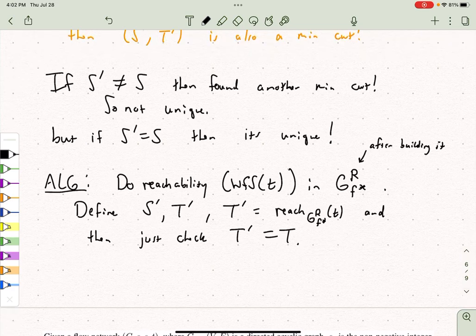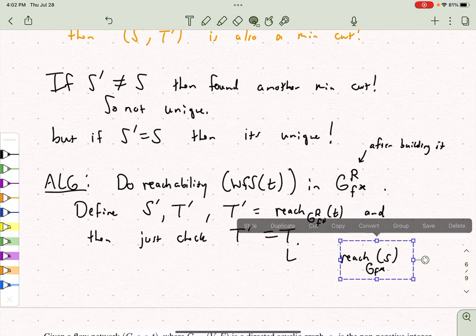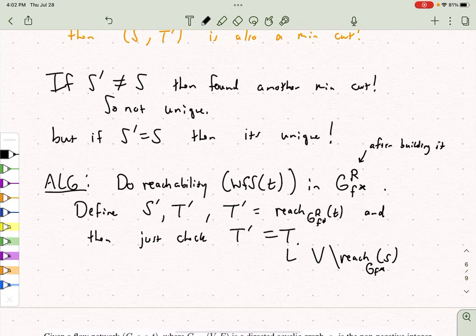Where this T is defined as the reachability set of S in G F star, without everything else. So it's V minus that. So essentially this is the T from Ford-Fulkerson. That's what this T is. So how do we check they're equal?